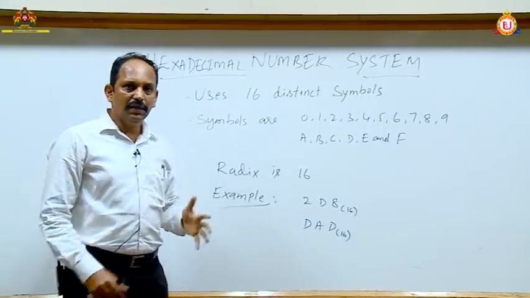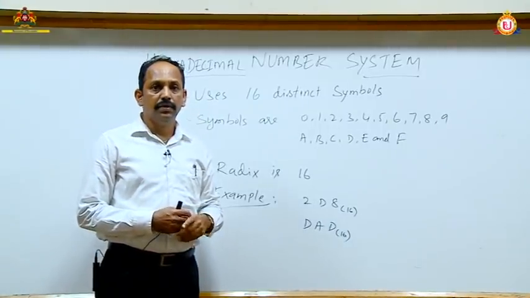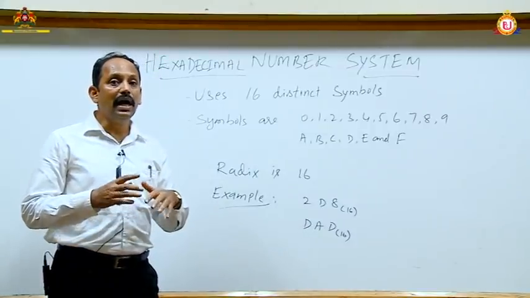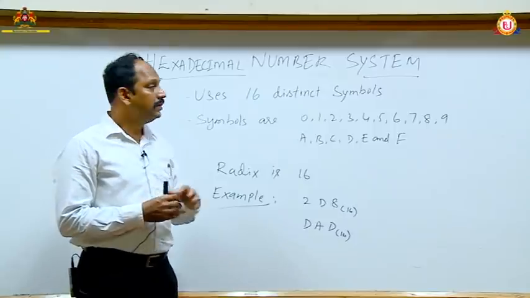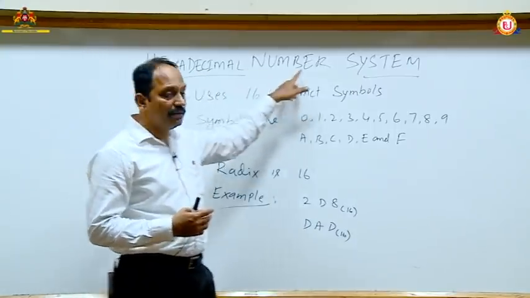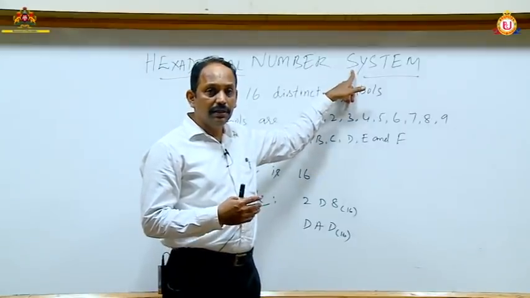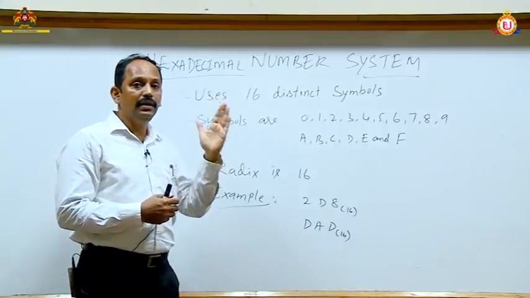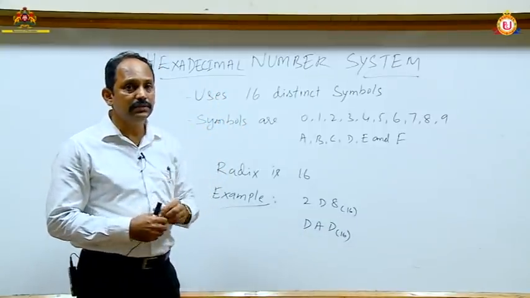Next, the next number system is the hexadecimal number system. Sometimes the octal number system will occupy more binary digits to represent a higher value. Therefore, to represent higher values in a computer, the hexadecimal number system is used. It uses far fewer digits than the binary and octal number systems.